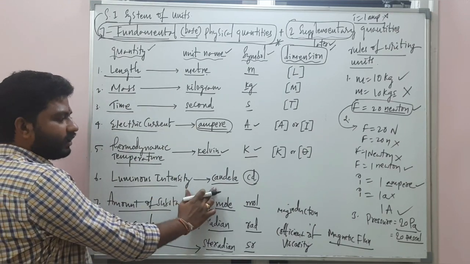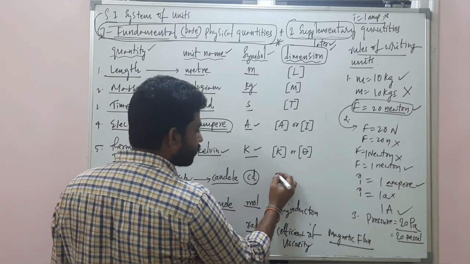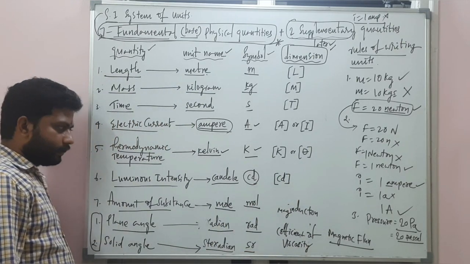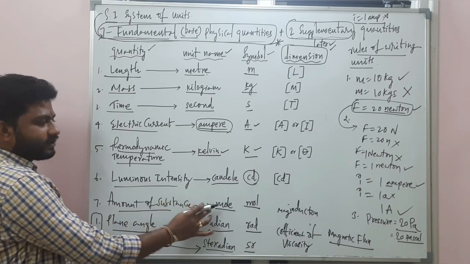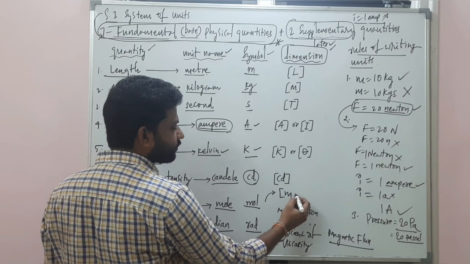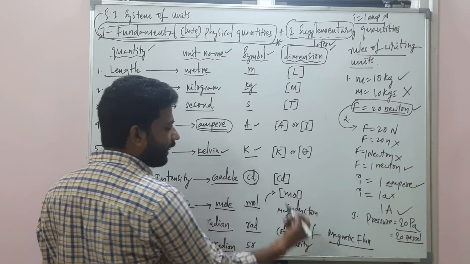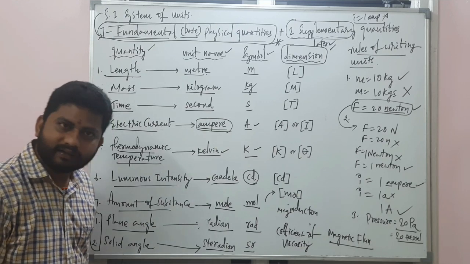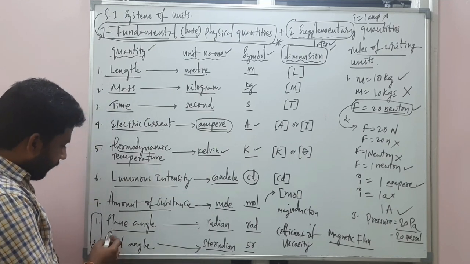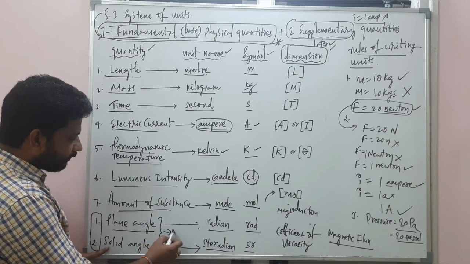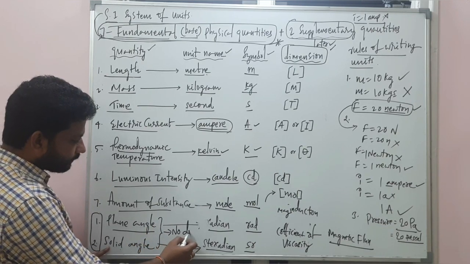Luminous intensity dimension will be square brackets candela. Amount of substance dimension will be square brackets mole, MOL. Okay, clear? Now, plane angle and solid angle will have no dimensions.